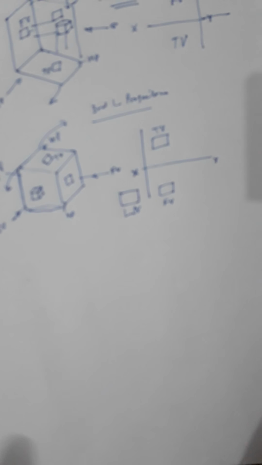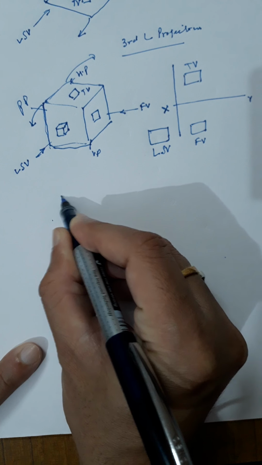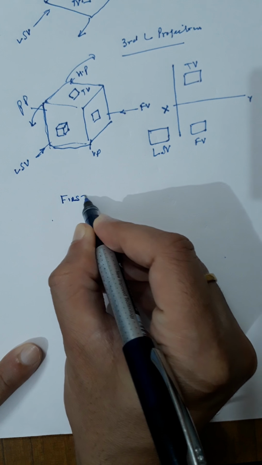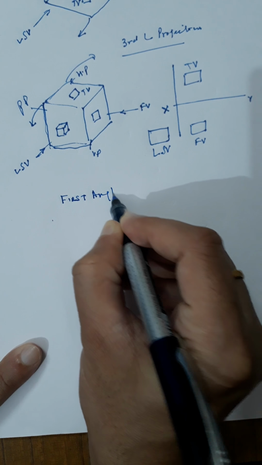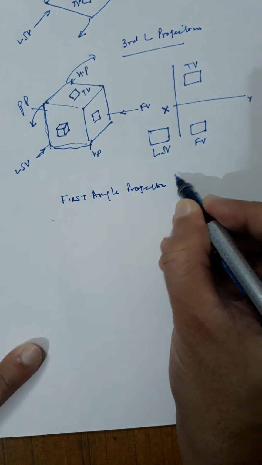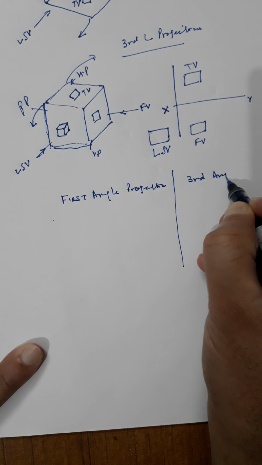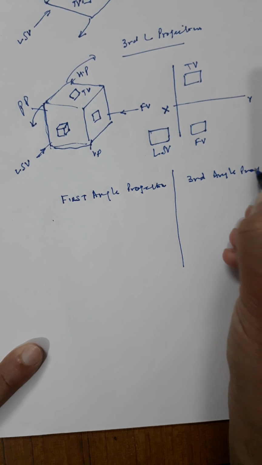Now I will accumulate these differences in a tabular form. Just go through this. This is first angle projection and the third angle projection. So what are the differences?